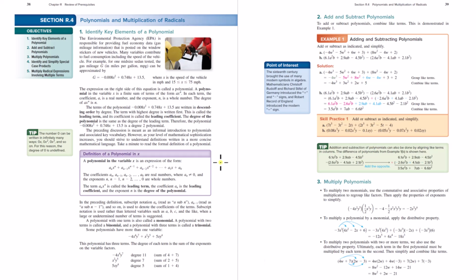Okay, so in algebra, different types of variable terms as well as different types of variable expressions are put into categories. And so you're going to need to be able to look at an algebraic term, or look at an algebraic expression, and identify the category that it falls into.